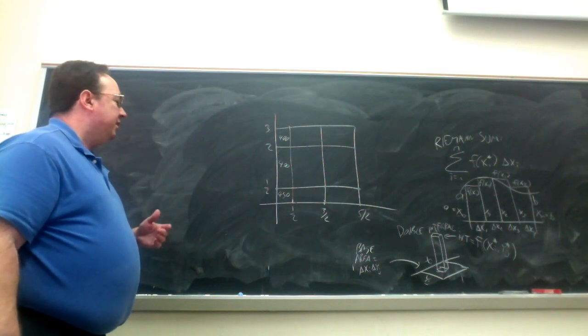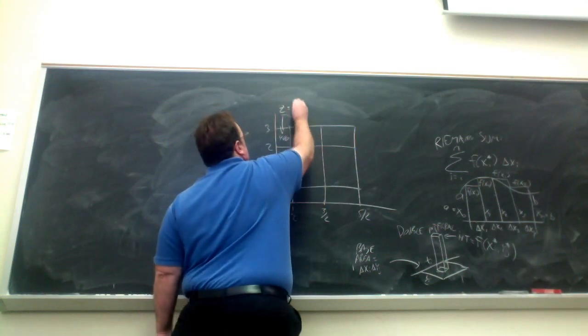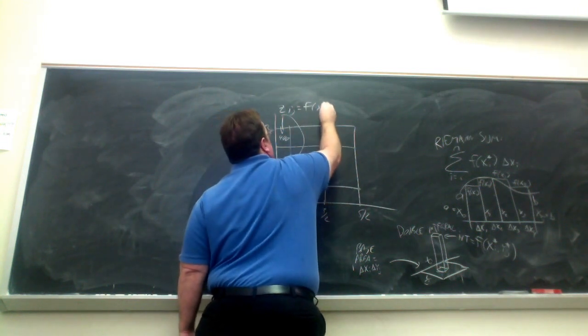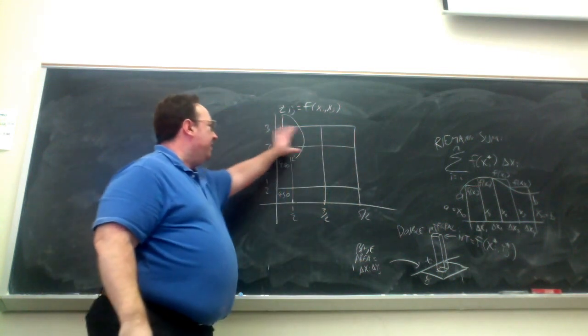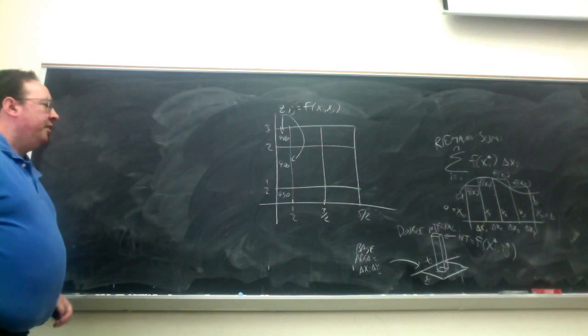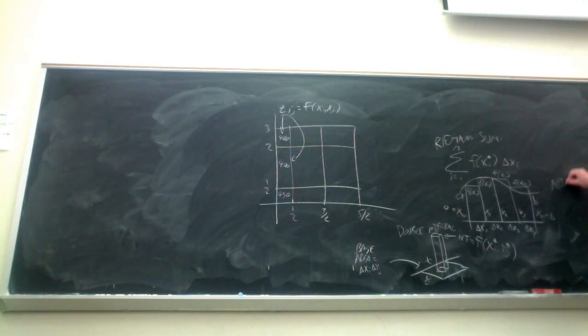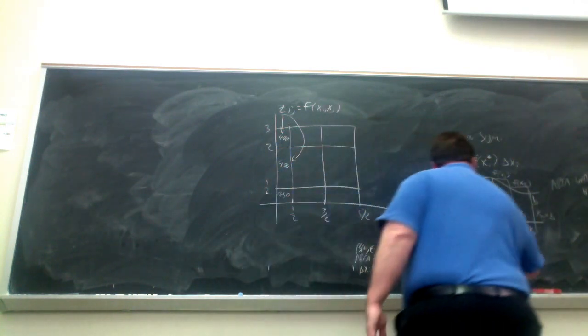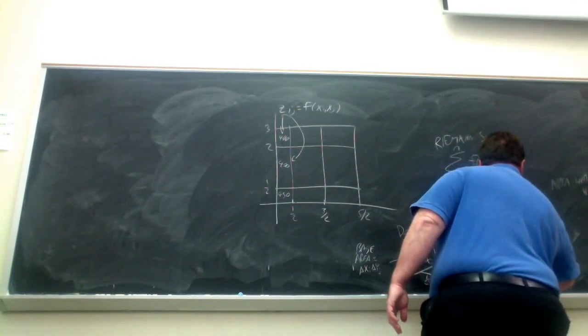Here you're doing the same kind of thing where these are your z values, which are your f values at certain x and y, where the x's and y's correspond to points within these rectangles. And just as in the single integral case, you have area equals width times height. Here you have volume equals base area times height.